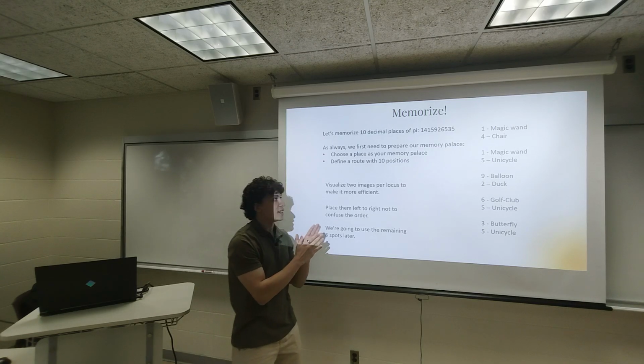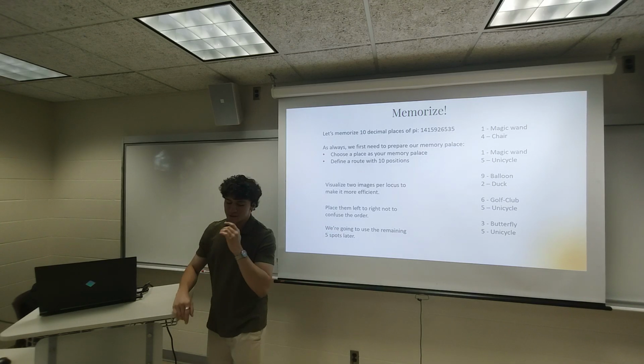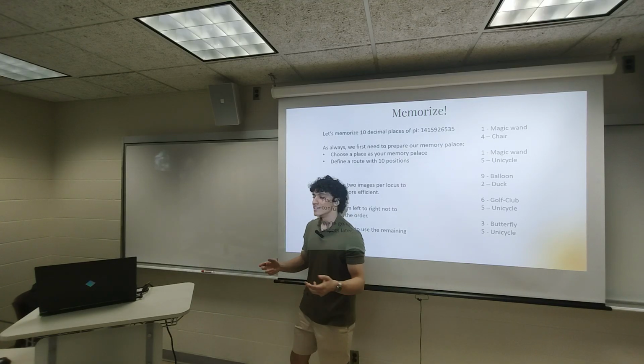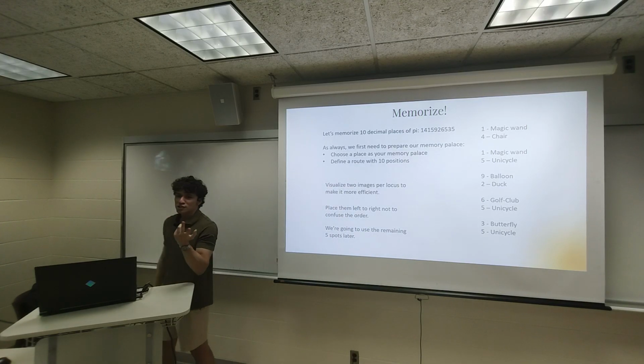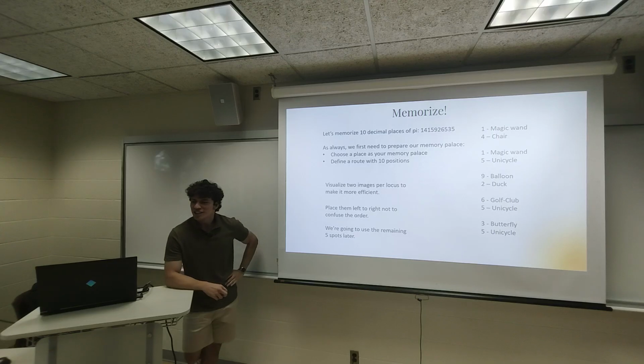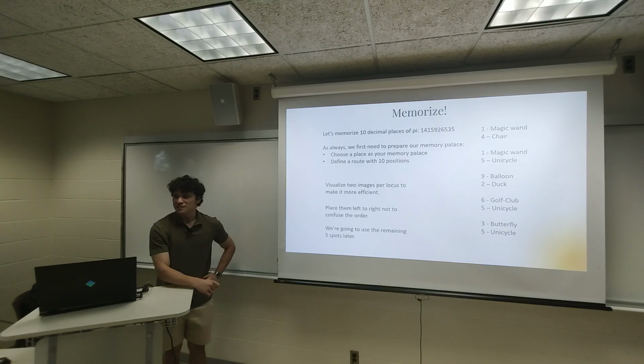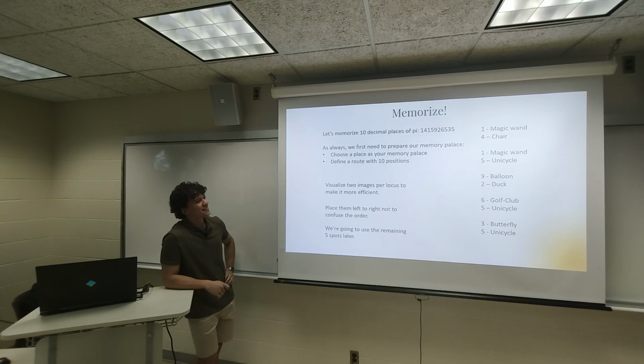So one image I would think of is maybe a magic wand that's sentient licking a chair. Maybe a magic wand eating a chair. Anything bizarre like that, anything that would come from a twisted mind like mine.